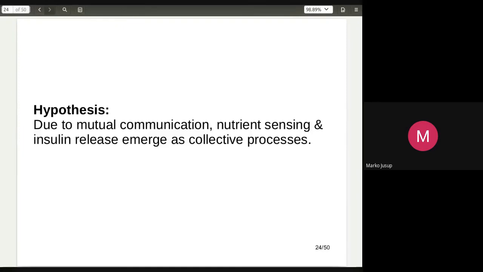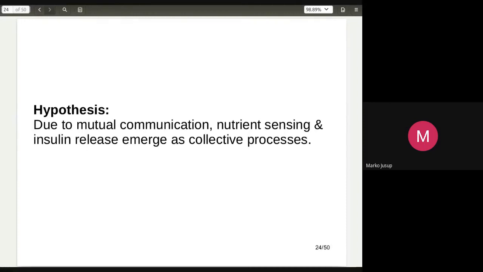Our hypothesis for this particular research is that, due to mutual communication, nutrient sensing and insulin release emerge as collective processes. Just as with the brain example, where I explained the basic modeling idea, we had a collective phenomenon of spontaneous phase transitions between an active and an inactive phase.